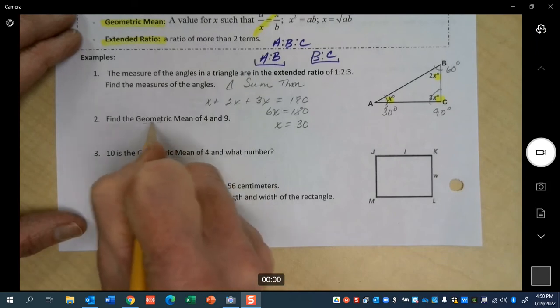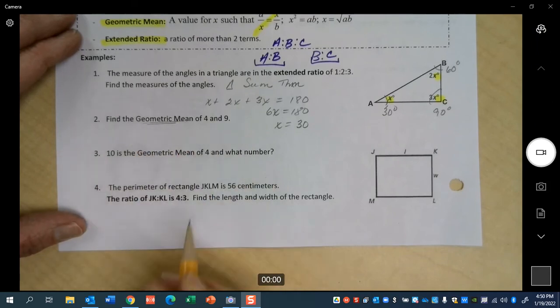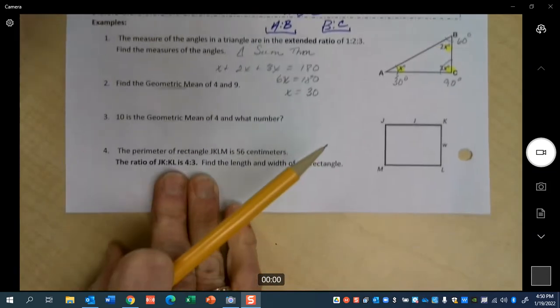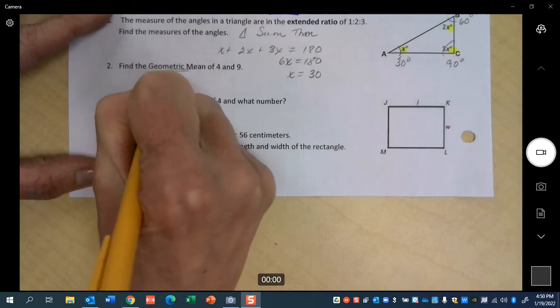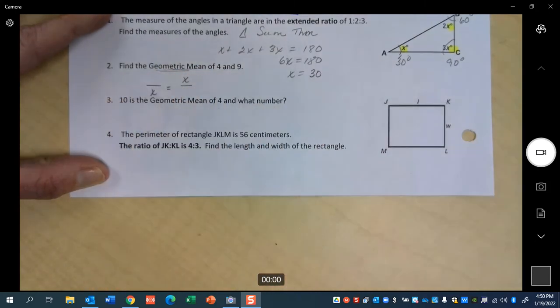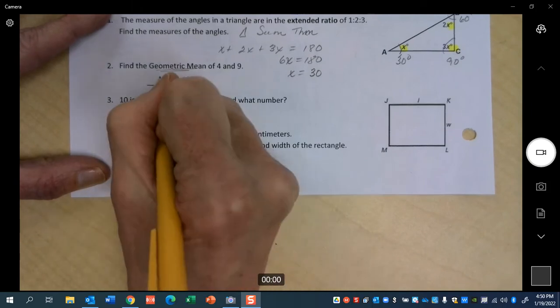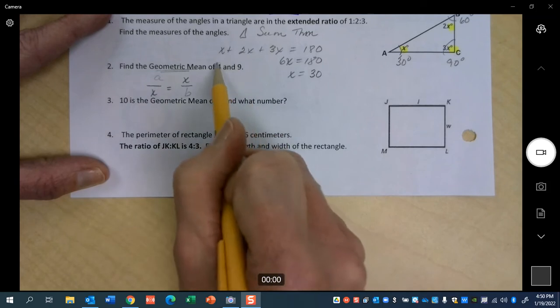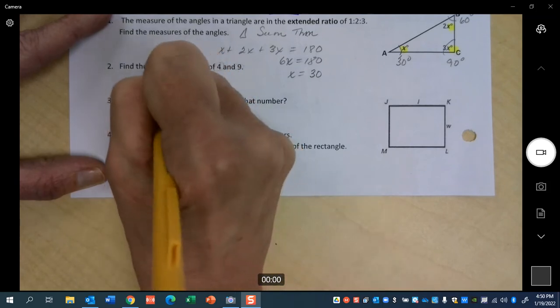All right, if I need to find the geometric mean of 4 and 9, I'm going to go back to and use this setup for my problem. There's got to be an x value that is in this position of my A and my B. Now for this problem, 4 and 9 are my A and B, and guess what?